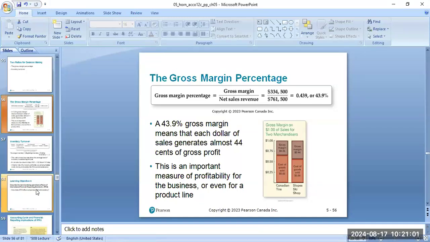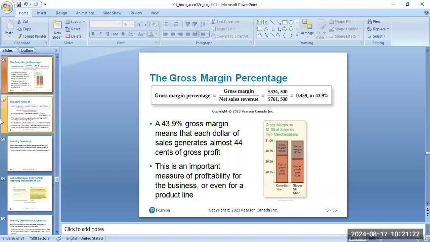This is an important measure of profitability for the business, for a production line, for a product, for a simple division or anything like that.